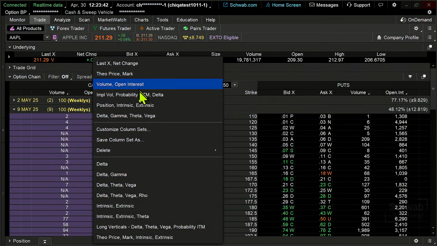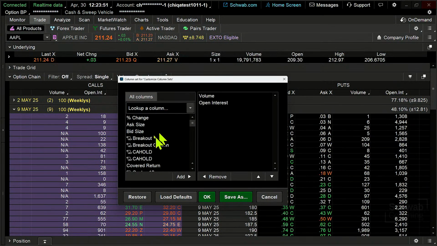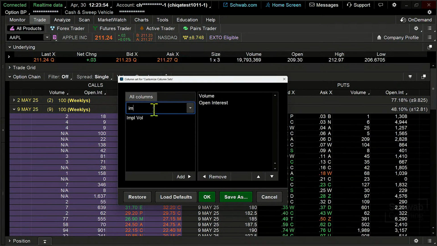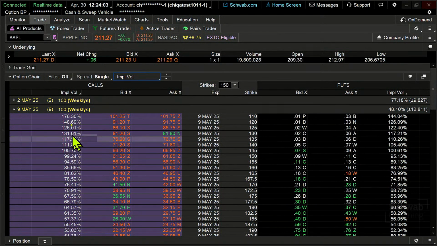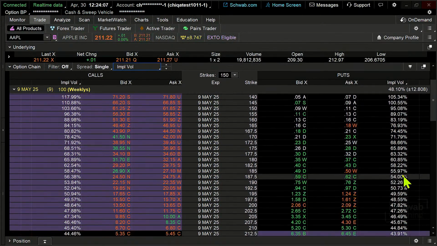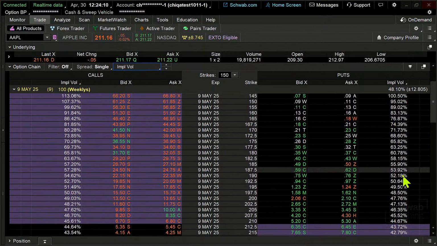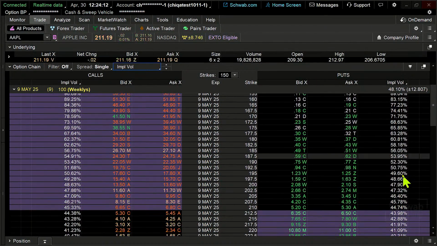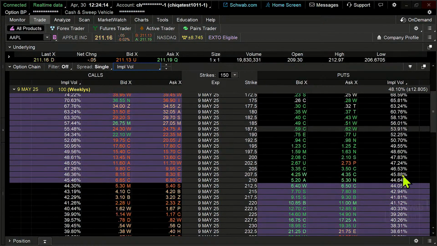And what I've got now is an implied volatility for each one of those strikes. I'm going to customize my column, and I'm simply going to put in here IMP, implied volatility. And I'm going to remove those other 2. We're going to click on OK. And now I've got a column that shows implied volatility for each one of those individual strikes.